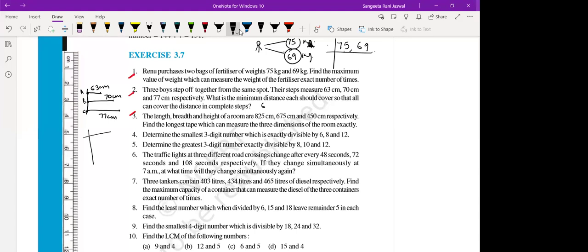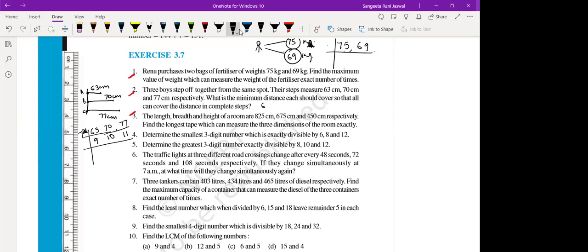See, when you are taking the LCM, what are the numbers? 63, 70, and 77. Find out the LCM. Let's take 7 common: 7, 10, 11, 7, 9. 63.